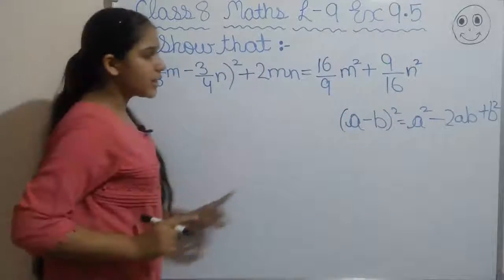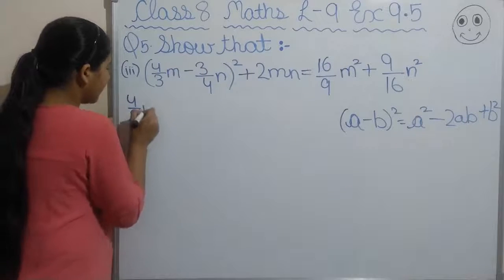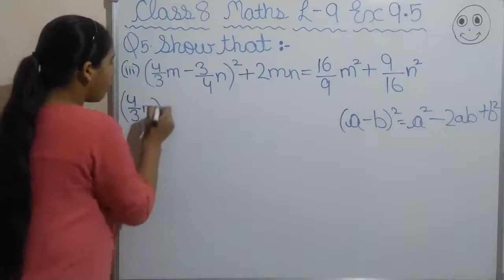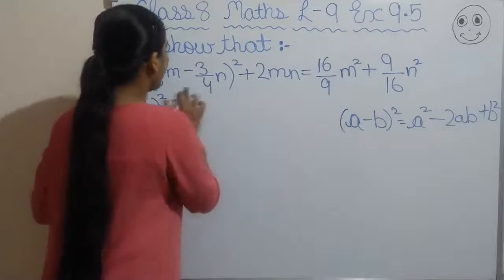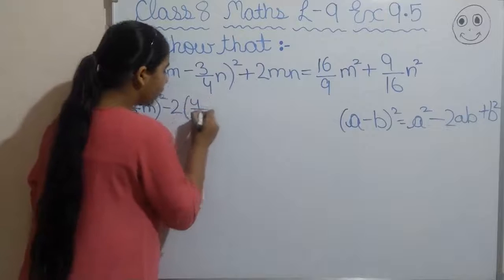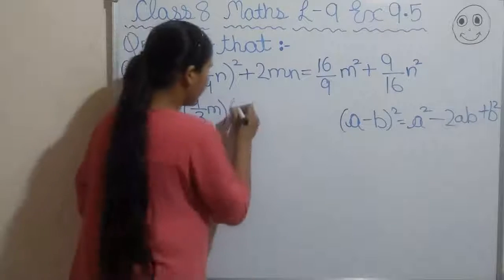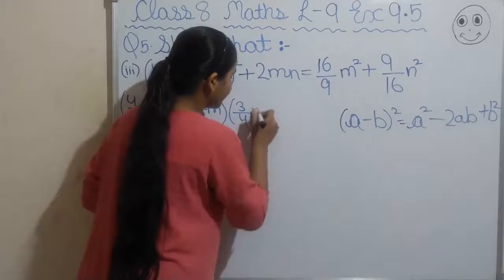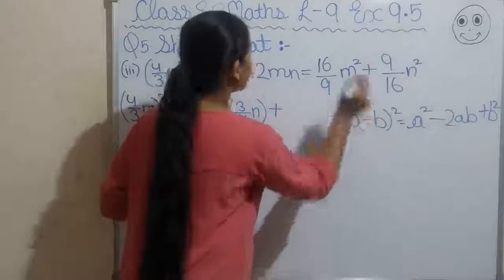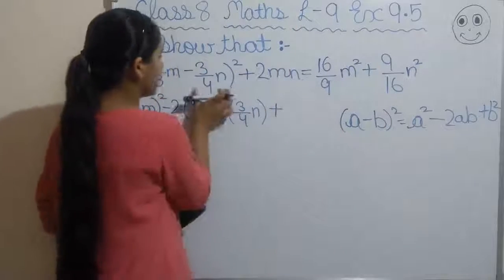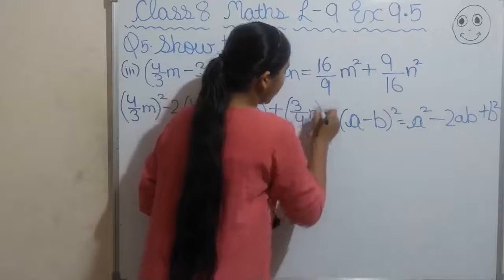So this is the identity which we are going to use. First is a square, so a is this, which means (4 by 3m) whole square, then minus 2 into a into b. A is 4 by 3m into b, which is 3 by 4n, then plus b square, b is this, so we have to write (3 by 4n) whole square.